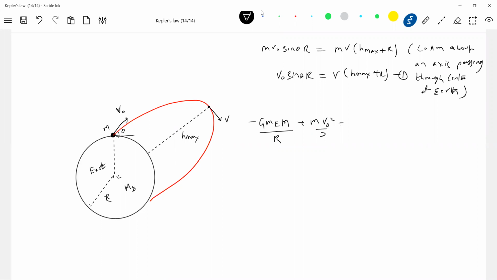Agreed? Minus G M m by (h max plus r) plus m v square by 2. How many unknowns are there? V and h max. Solving these two equations will give the required answer.